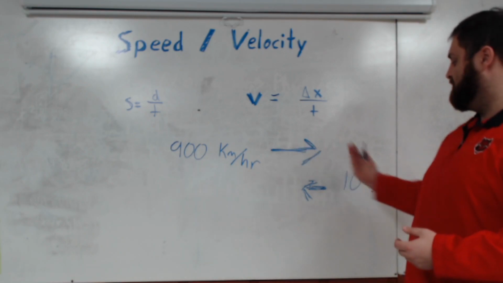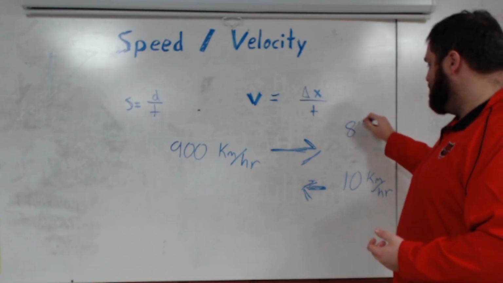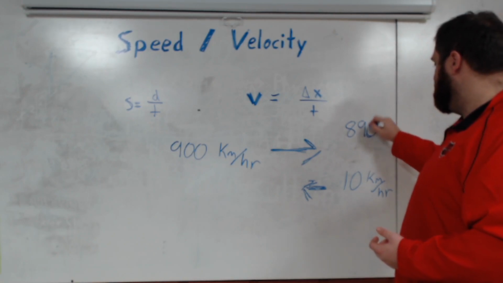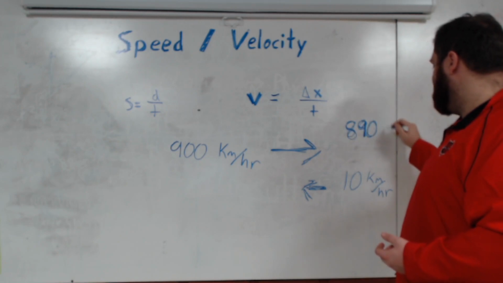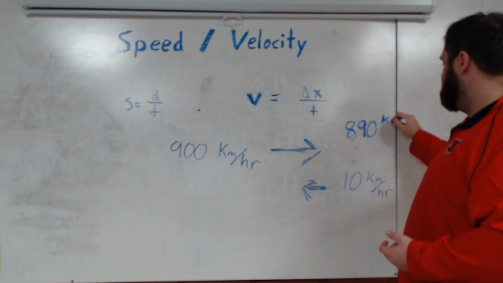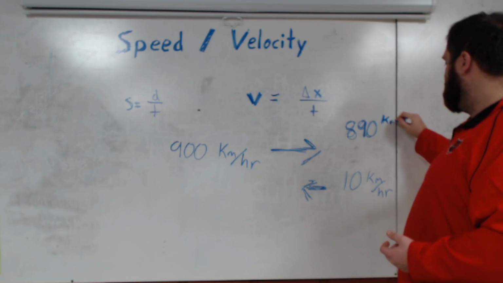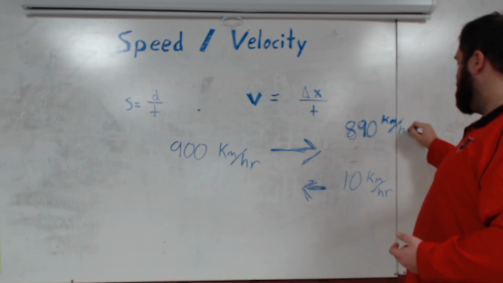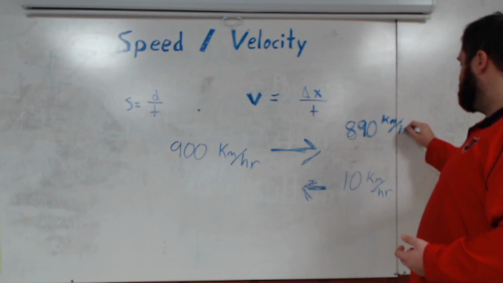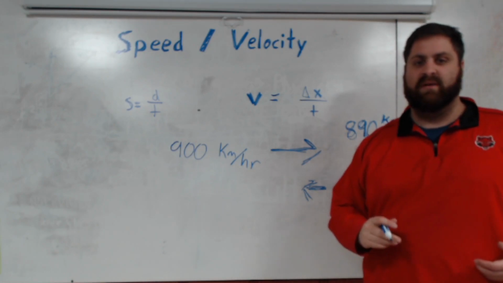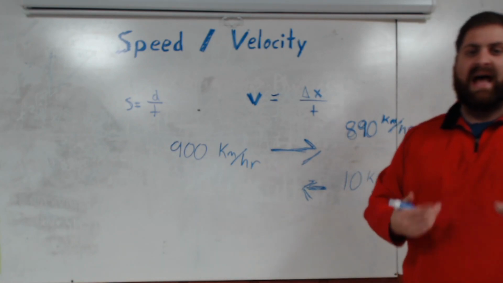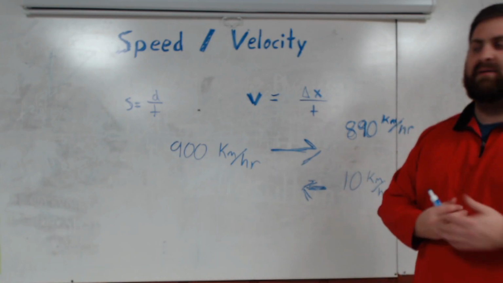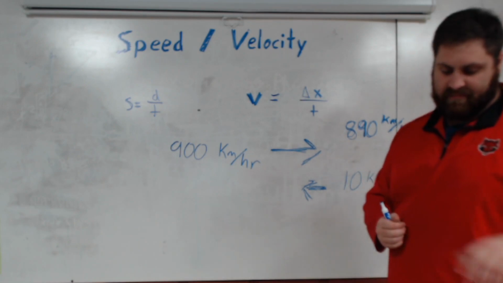So 900 minus 10 is 890 kilometers per hour. We just added those together. Technically, like I said, they're working against each other. They're opposites, so when we add, it was a negative or subtraction, however you want to see that.